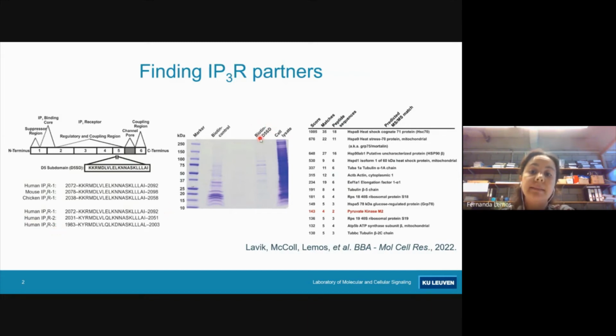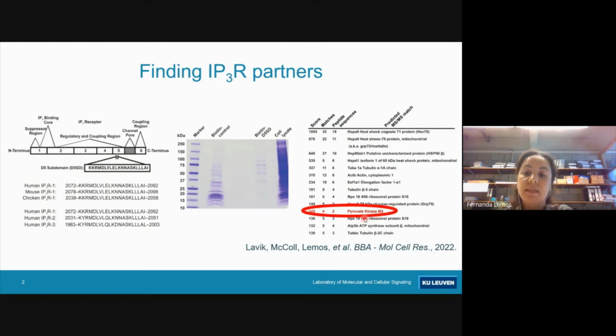We bound this peptide with biotin, and we were able to pull down a list of proteins that could potentially interact with and modulate the activity of the IP3 receptor.